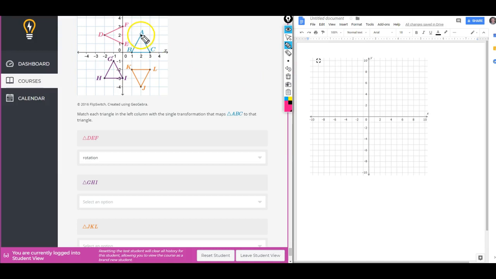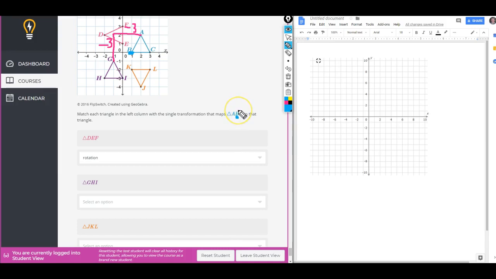So then I'm going to count over. It went 1, 2, 3. So it went back 3 and down 1, 2, 3. So back 3, down 3. Anytime you go left and go down, it's represented by negative in the math world. So now let's check from point B to its corresponding point. How do I know what point B's corresponding point is?